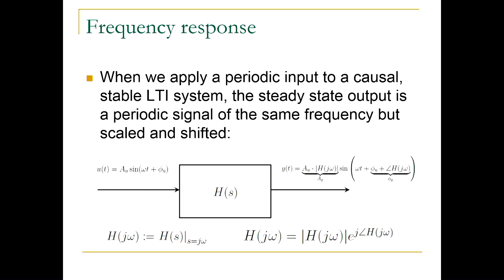So for every given omega, I can find the magnitude and phase of H and plot them in the complex plane. So this led to frequency response plots, and we will work more with these objects when we introduce Bode diagrams. So that's what we did in the last lecture, and this is a starting point for today's lecture.